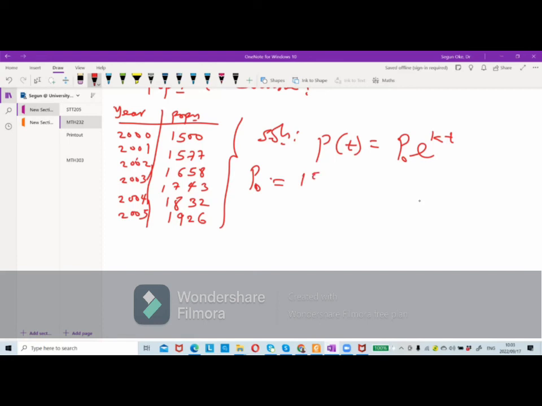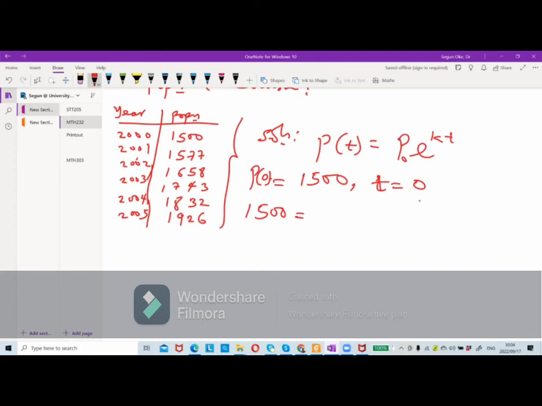So we have 1,500. Then I can go ahead and substitute it. So I know that at the point of initial, P of 0 is 1,500, when t is equal to 0. So I can go ahead and say 1,500 is equal to P of 0, because the first thing they ask us is to determine the growth rate.